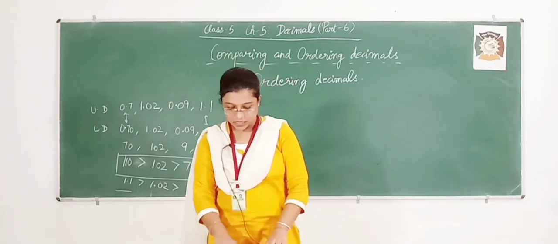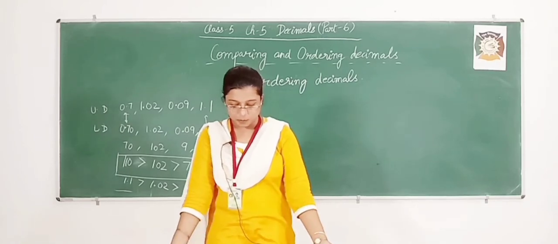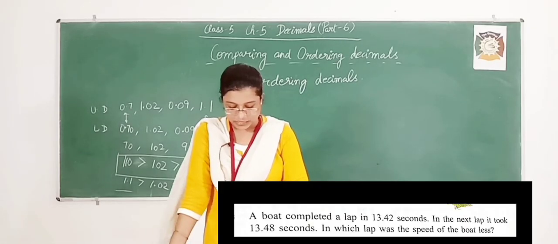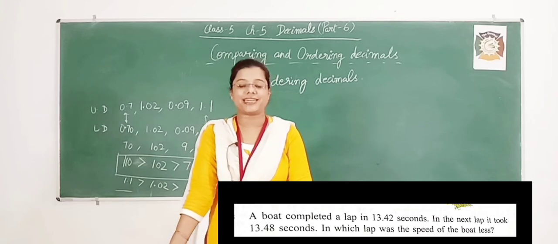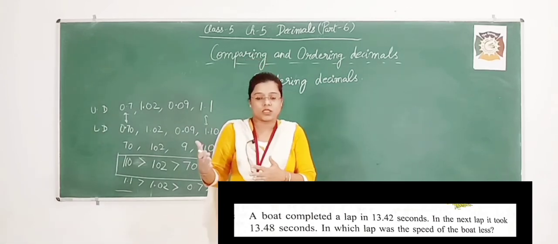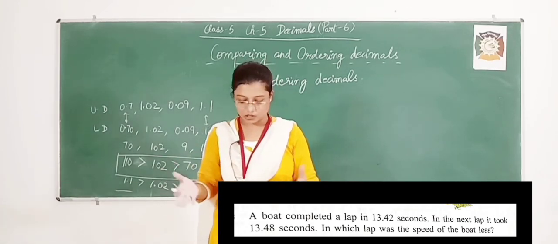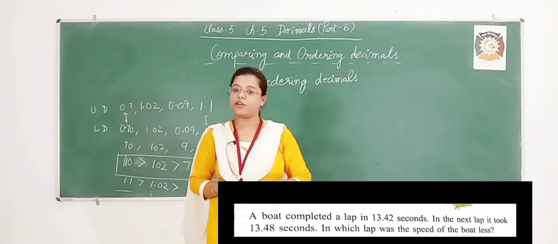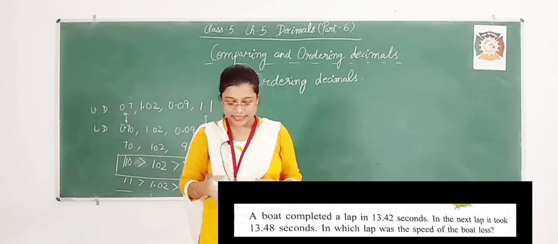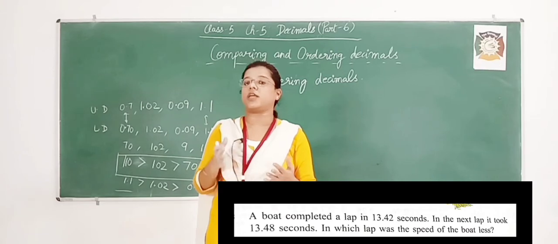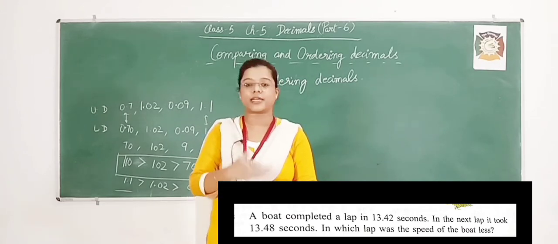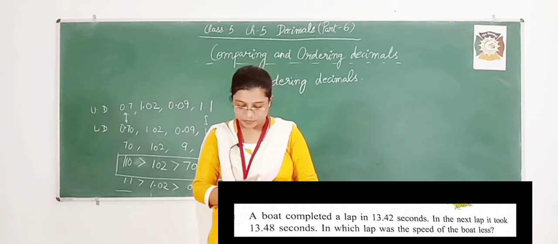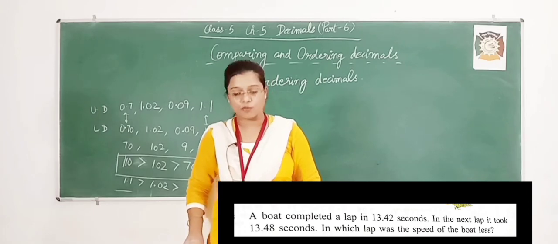The question given to you is, a boat completed a lap in 13.42 seconds. That is, a boat completed a round, a fixed distance in 13.42 seconds. In the next lap it took 13.48 seconds, that is more seconds, more time. Okay, in which lap was the speed of the boat less?